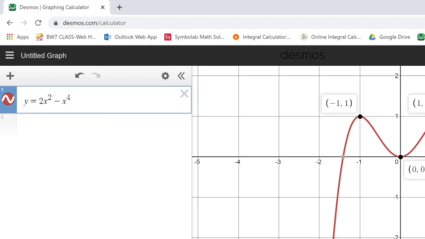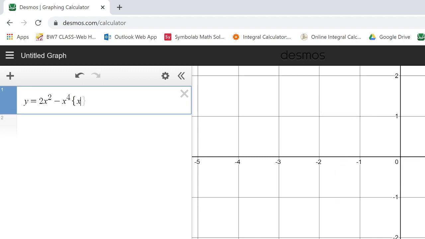Here are some points of interest. What if I restrict the domain? There are actually, as you can see here, several different ways we can do this. What if I only take into account values in the domain that are less than -1? So let's say x less than -1.